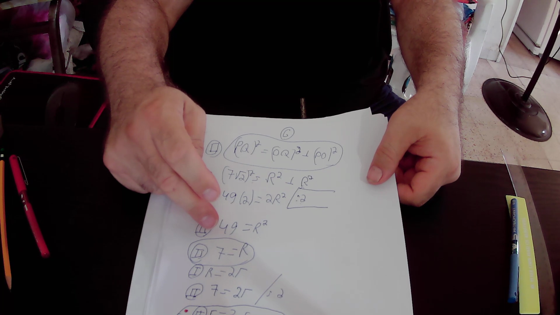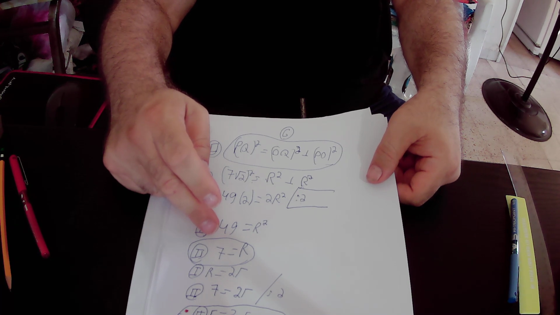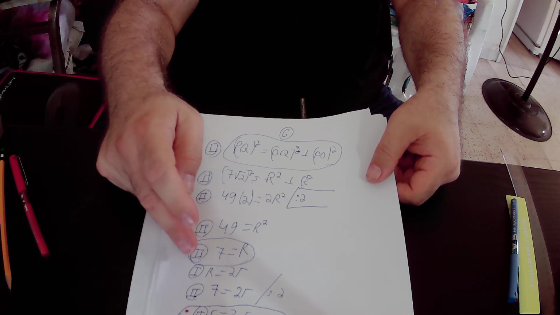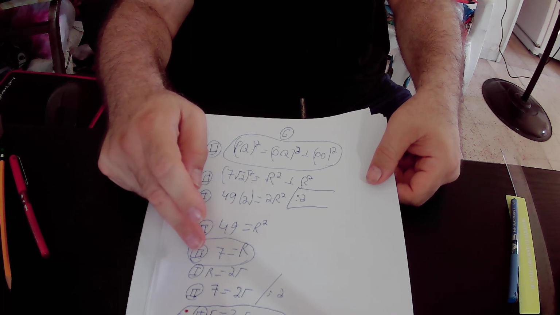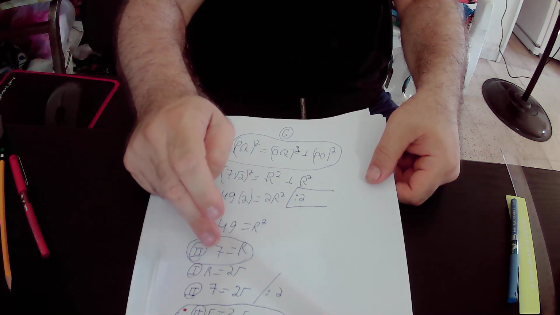So we can put the data in equation number 2, and we found out that the value of capital R, the radius of the semicircle, equals 7 units. But according to equation number 1, the radius of the semicircle is twice larger than the radius of the yellow circle.